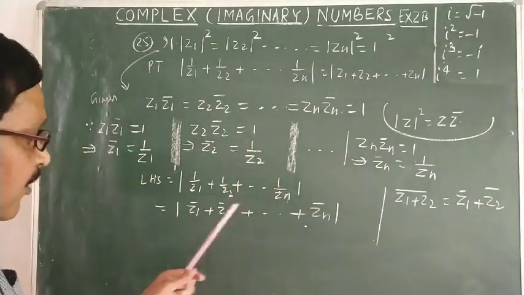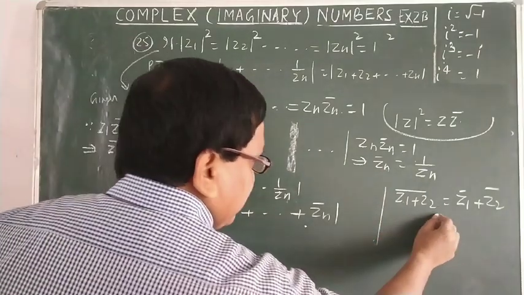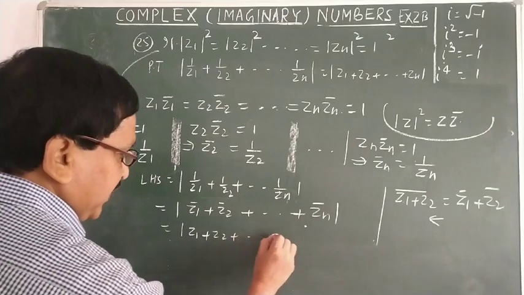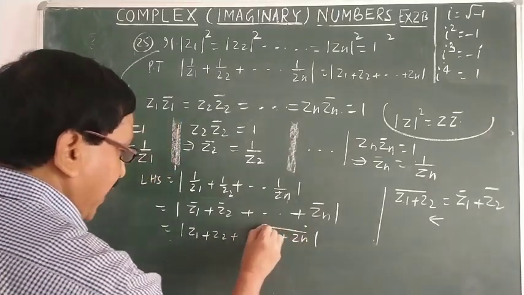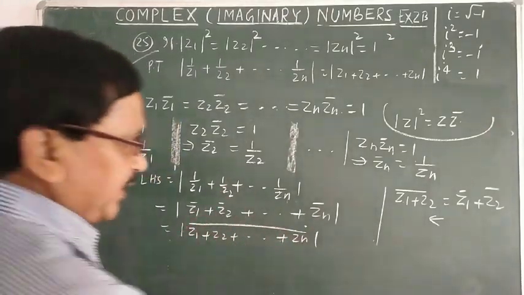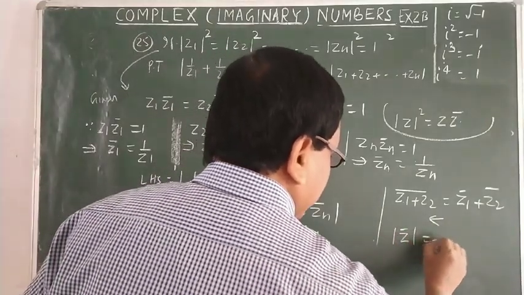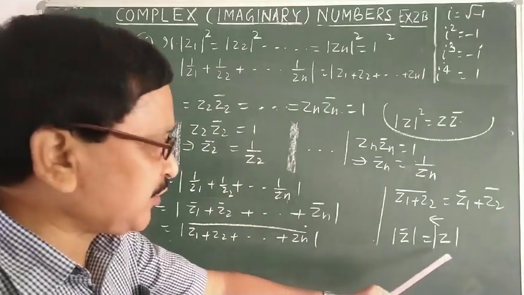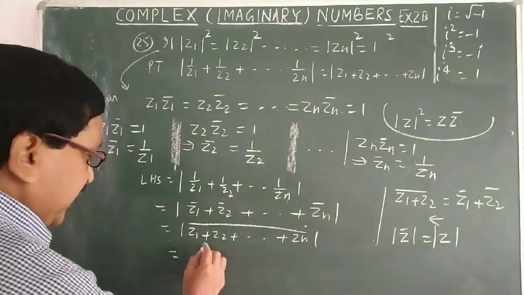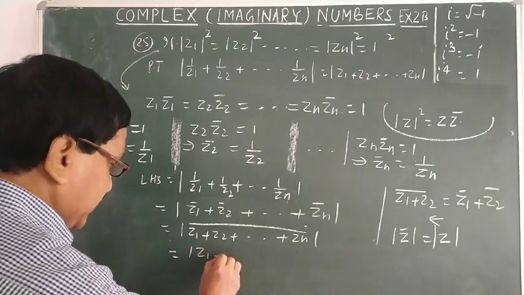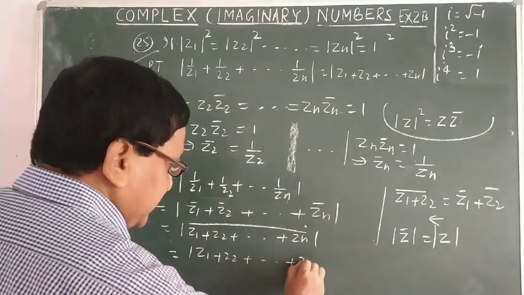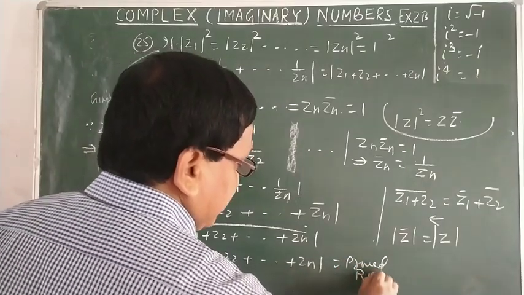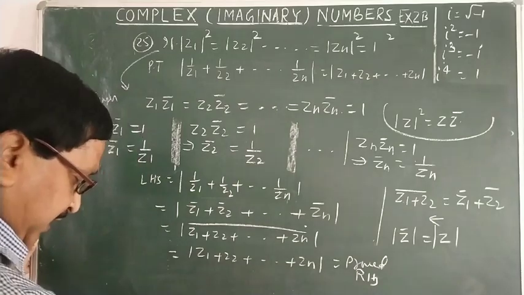Now all the bars can be composed, so we get the conjugate of Z1 + Z2 + ... + Zn whole. And after that, one more property I have suggested: modulus of Z bar is equal to modulus of Z. So even if the bar is removed, we get Z1 + Z2 + ... + Zn, so this is proved, equal to the RHS. So the proof is conducted.